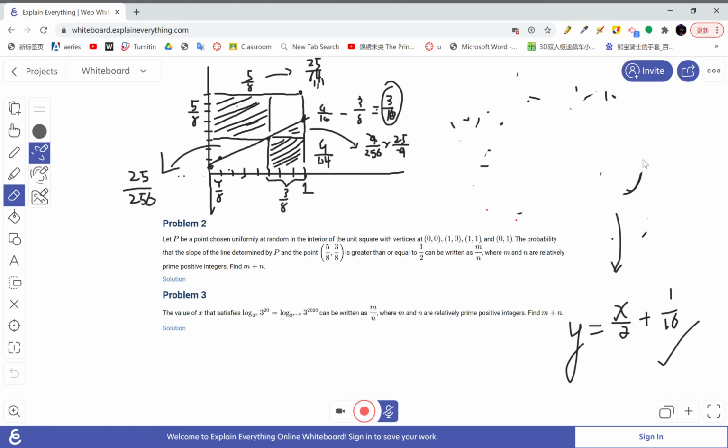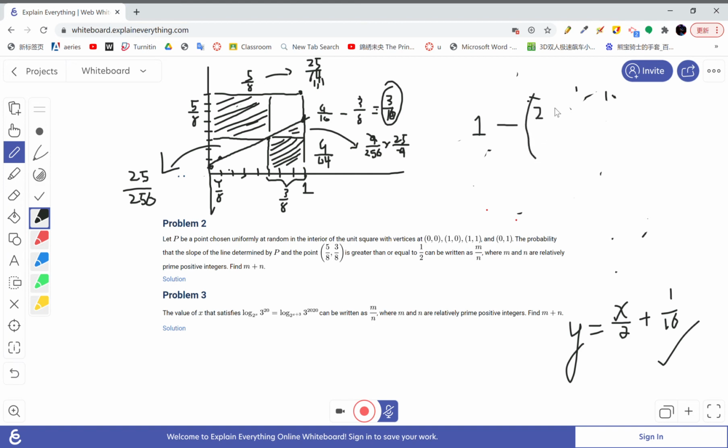Okay, let's start. We already know that the area is 1 because it's a square. So 1 minus, in parentheses, 25 over 64 plus 9 over 64 plus 25 over 256 plus 9 over 256.